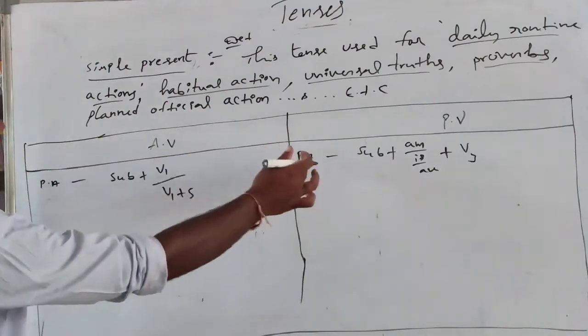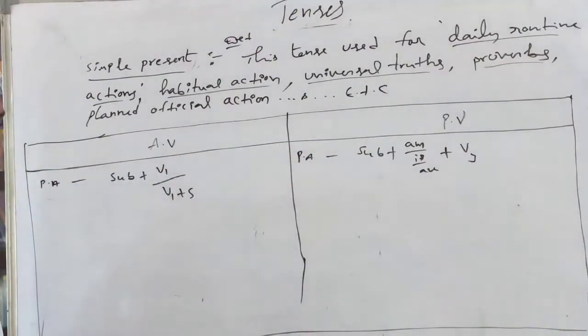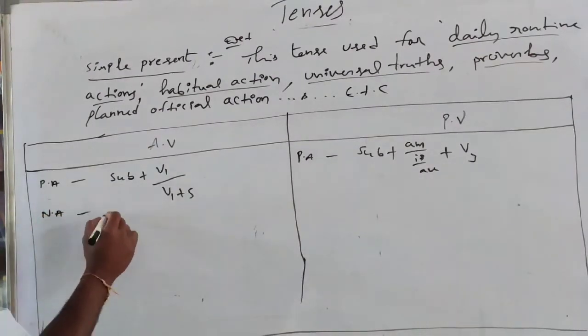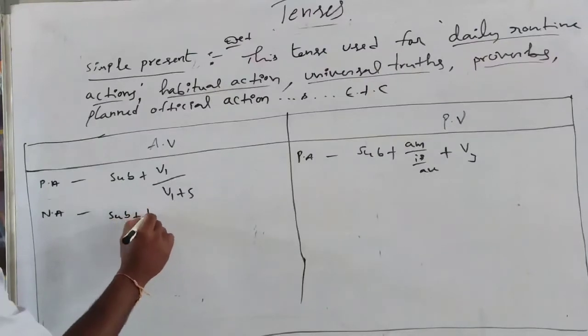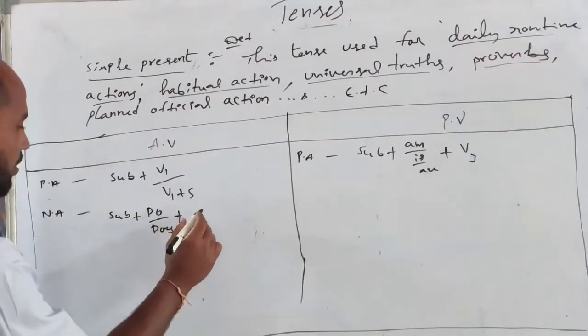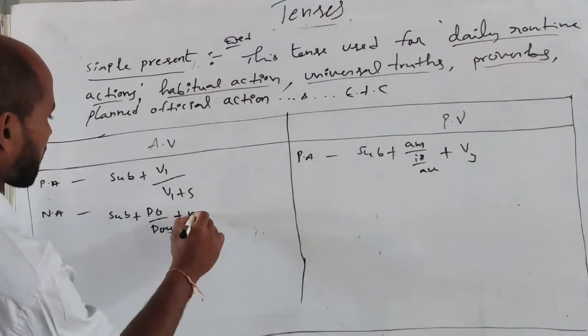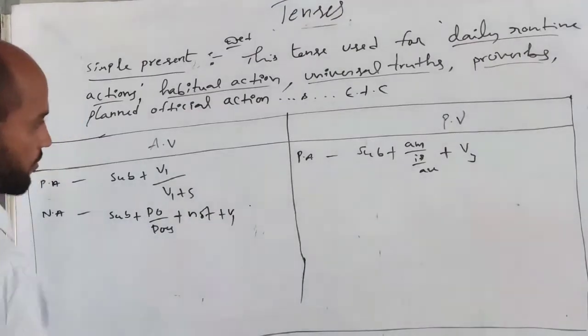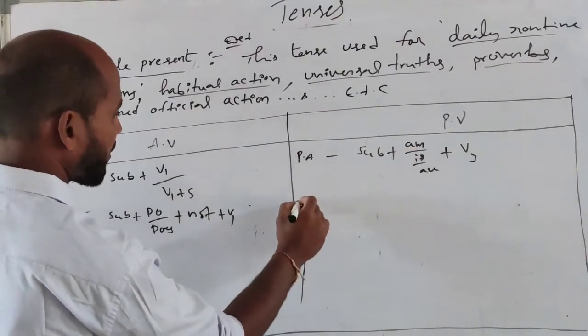This is the positive assertive. And also negative assertive: subject plus do or does plus not plus V1. Negative assertive. And passive voice negative assertive.